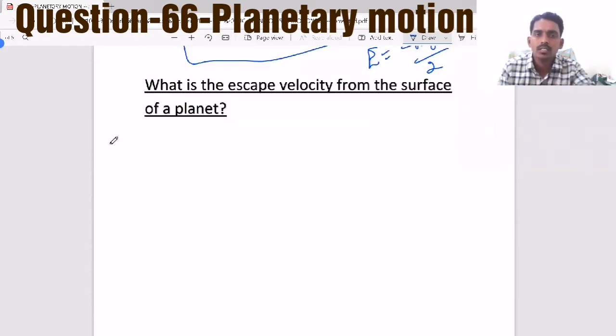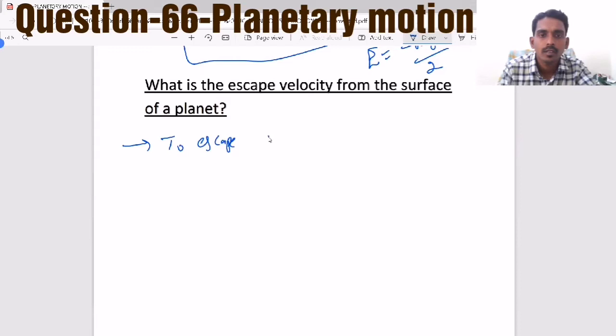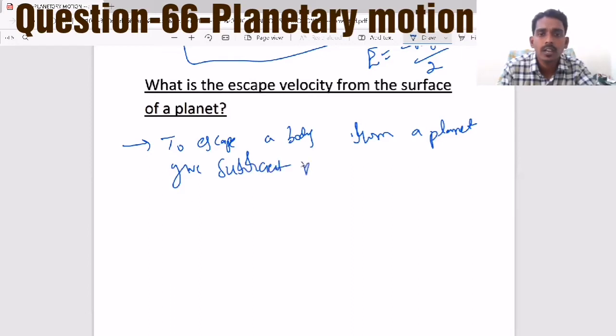Now another thing is, what is the escape velocity from the surface of a planet? To escape a body from a planet, give sufficient kinetic energy so that the total energy will become zero.